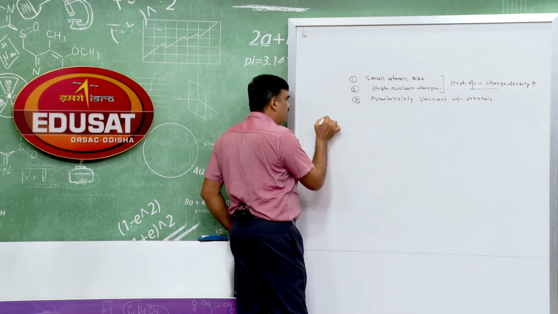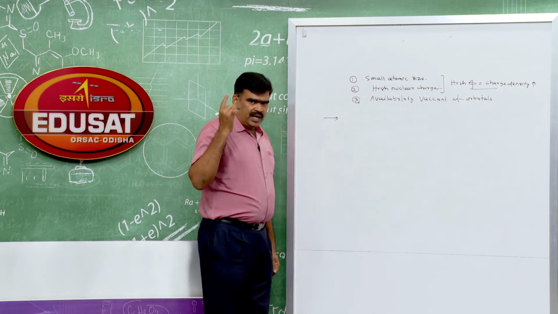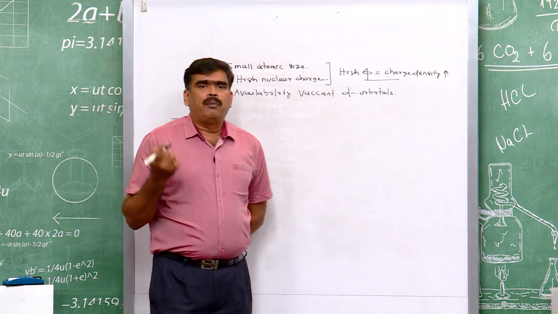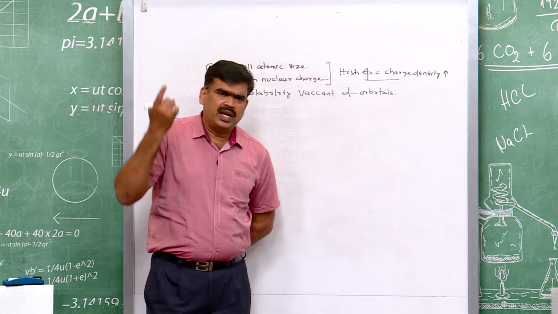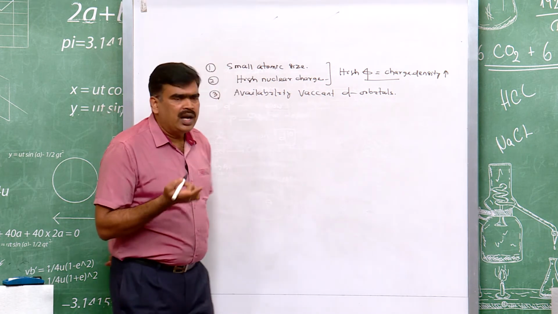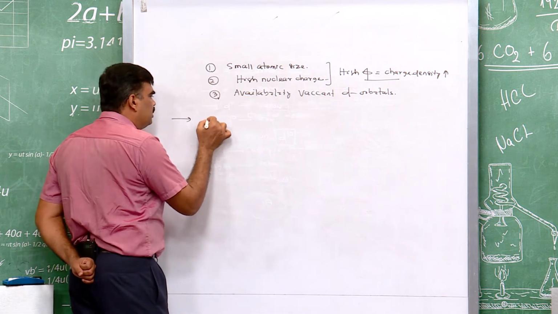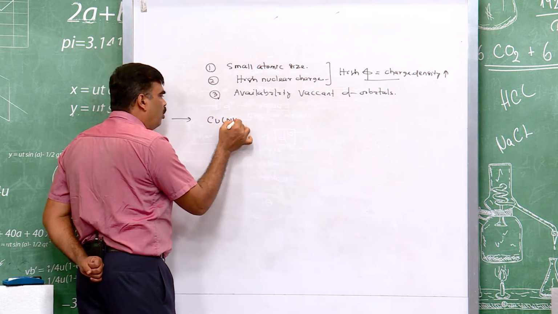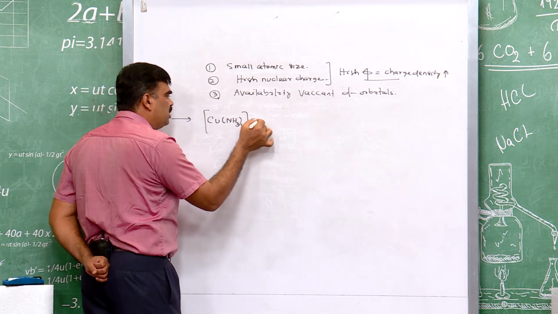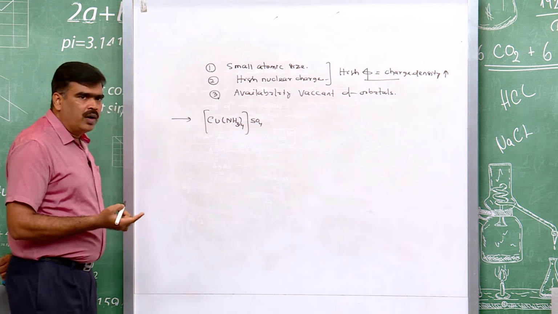Example, so many times it has been asked in the examination, give one amine complex of copper. So many times this particular question has been asked. Give one amine complex of copper, you see Cu(NH3)4 SO4. Remember this complex, what is its name? You will read it in coordination chemistry.